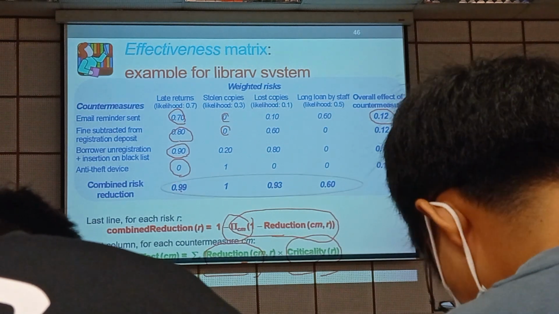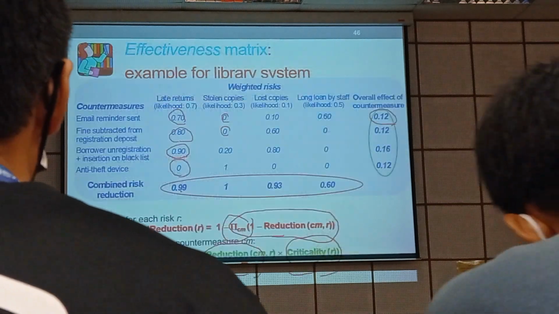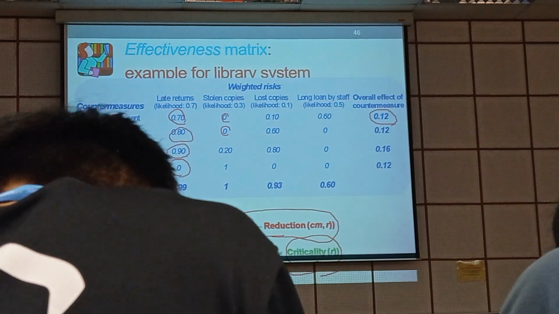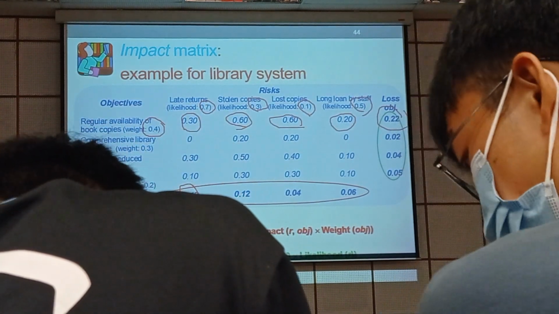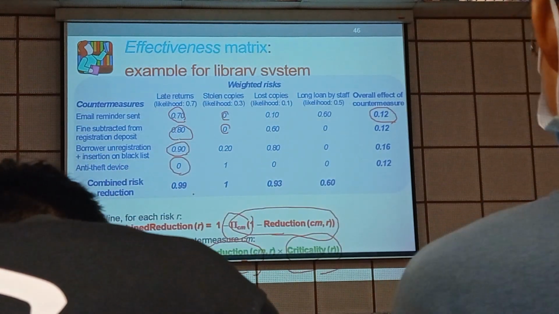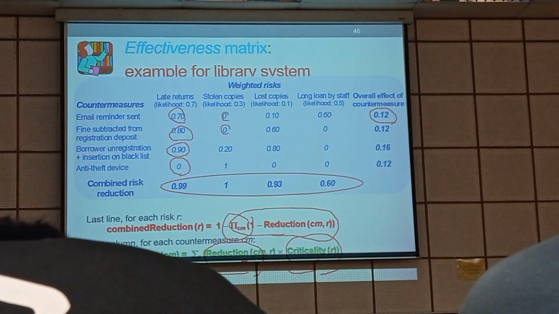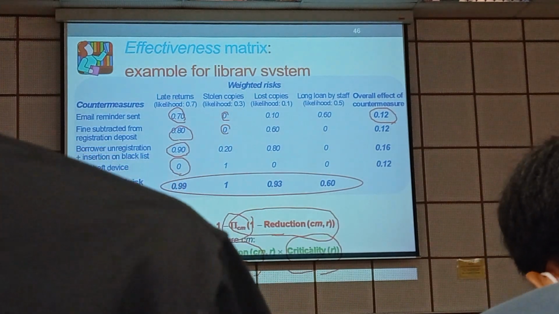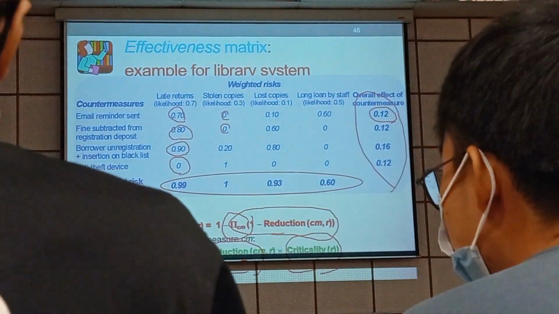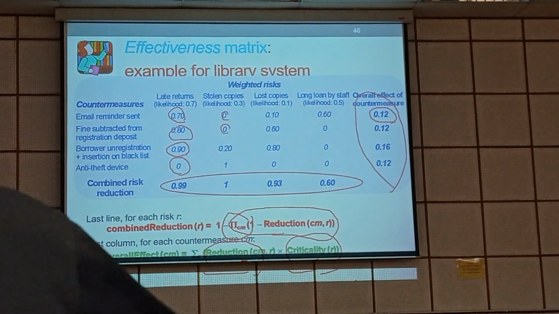So 1 multiply with 0.12, that's why you are getting 0.12. What is the conclusion? If your criticality from the previous calculation goes wrong, all these calculations will also go wrong. Understand or not? Okay.